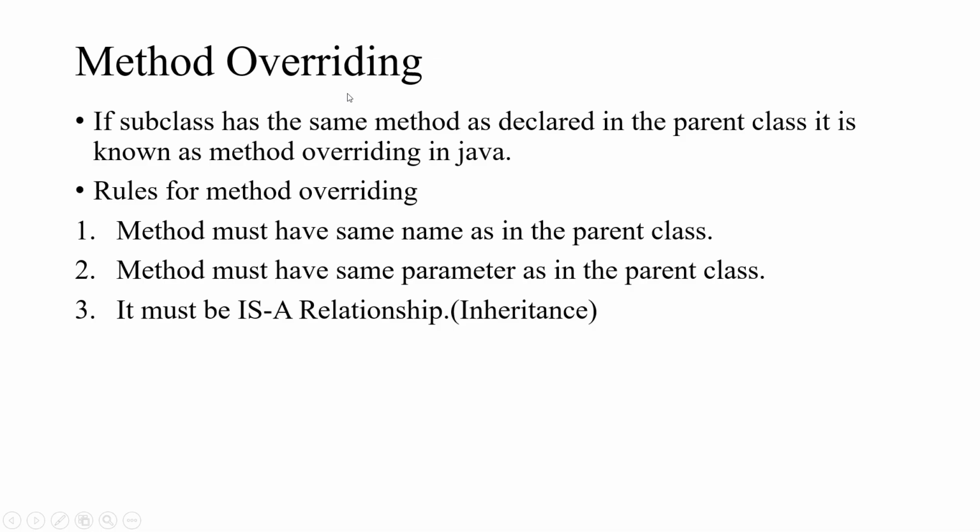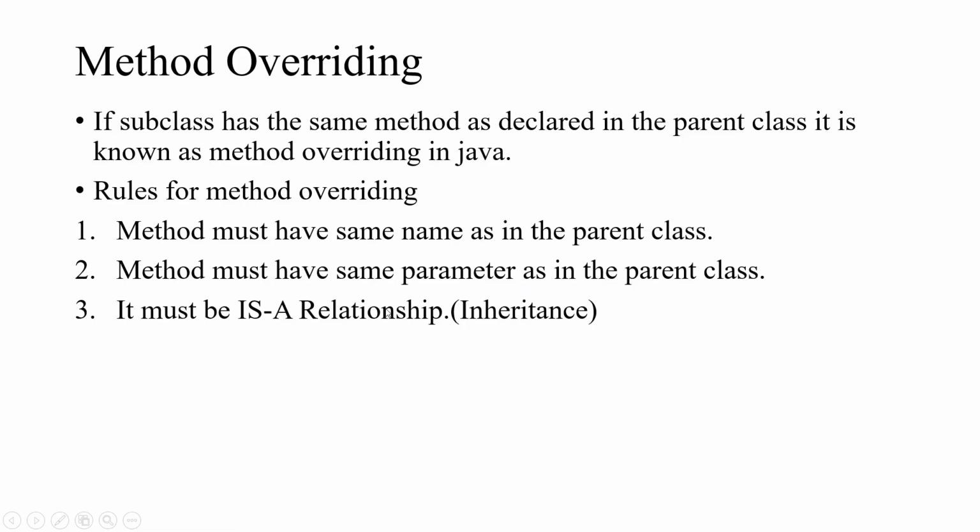Here is the example of method overriding. If a subclass has the same method as declared in the parent class, it is known as method overriding in Java. Rules for method overriding: the method must have the same name as in the parent class, the method must have the same parameters as in the parent class, and there must be an is-a relationship like inheritance.